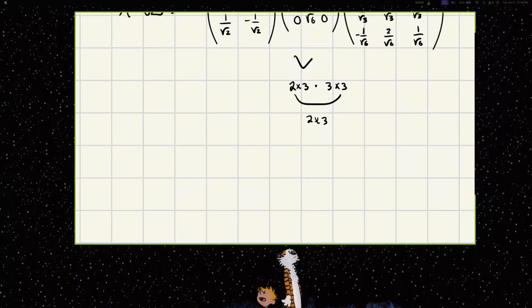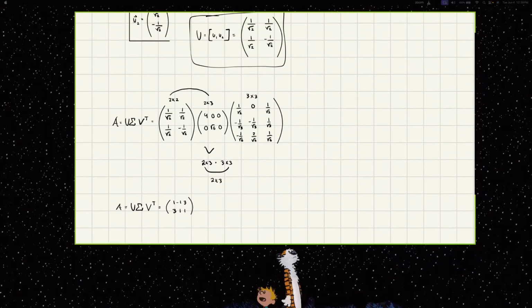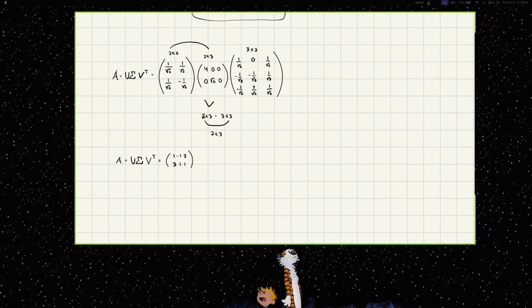And in fact, this does. We end up finding that A equals U sigma V transpose, which in turn equals our original matrix 1, -1, 3, 3, 1, 1. And so we have successfully found the singular value decomposition of our matrix A.